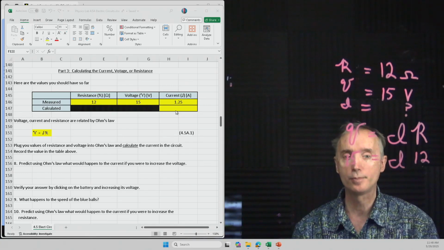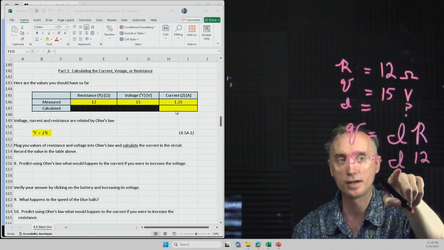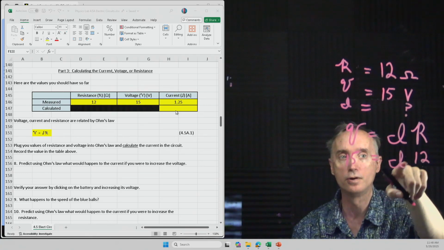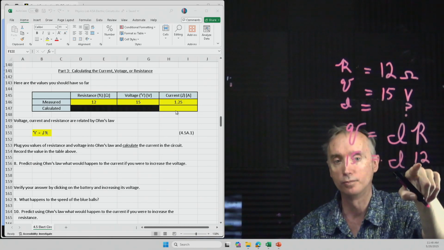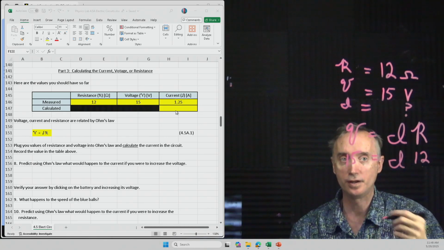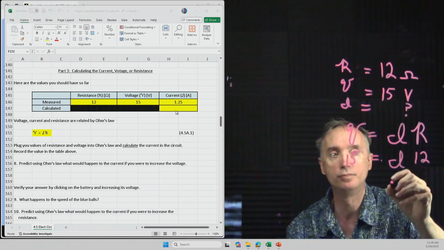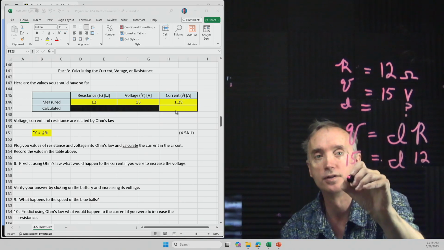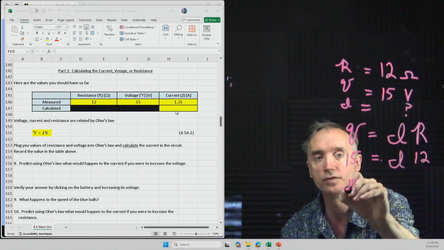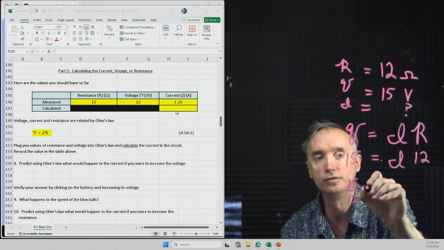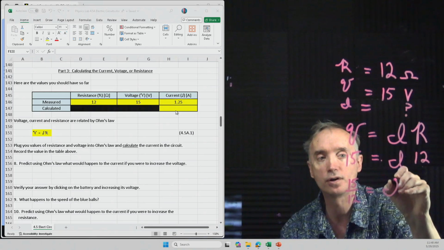Okay, now we're going to do opposites. When we take this and this, we are multiplying them together. So the opposite is division. So we're going to divide both sides by 12. Then we end up with 15 divided by 12 is equal to the current.